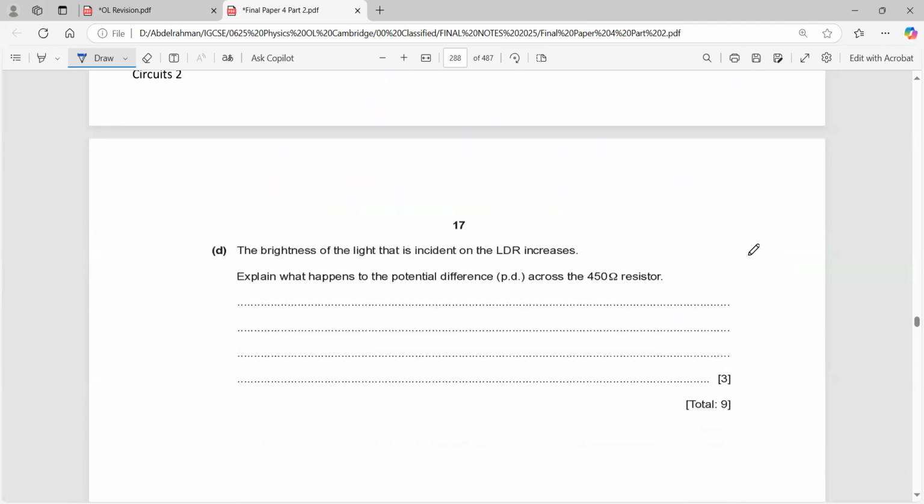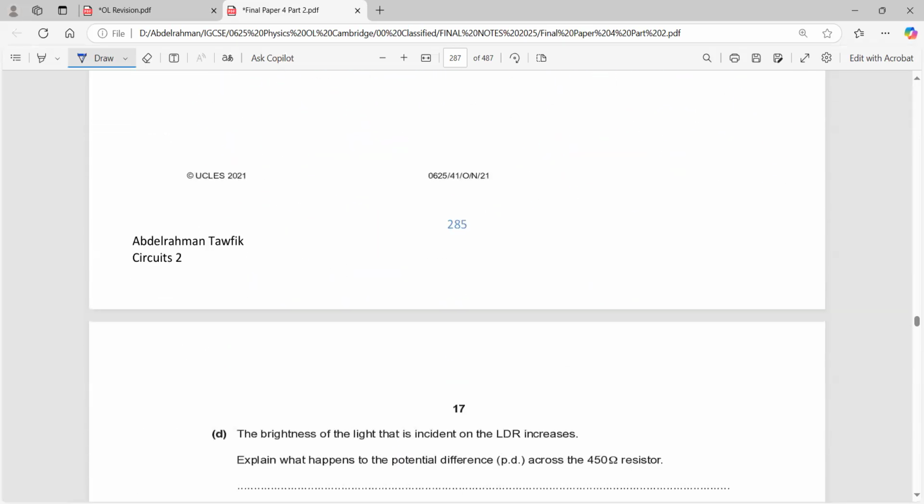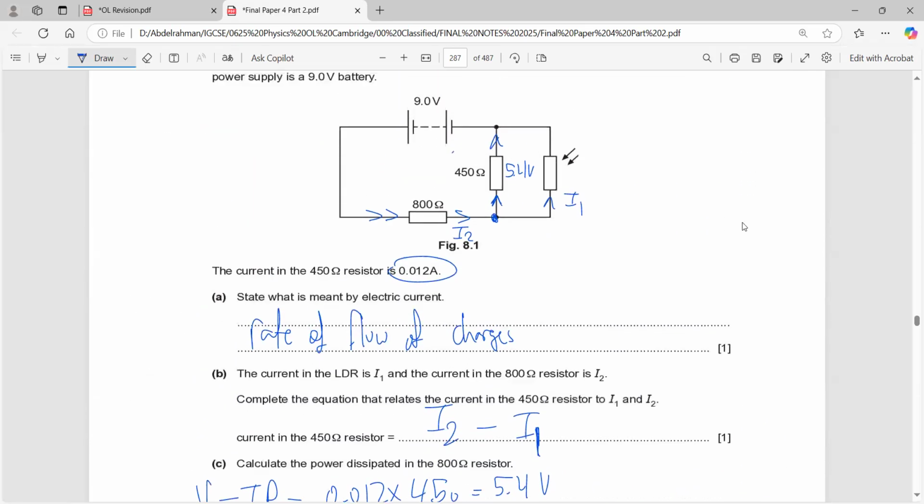The brightness of the light that is incident on the LDR increases. State what happens to the potential difference across the 450 ohm resistor. When the brightness increases, what happens to the resistance? The resistance decreases.